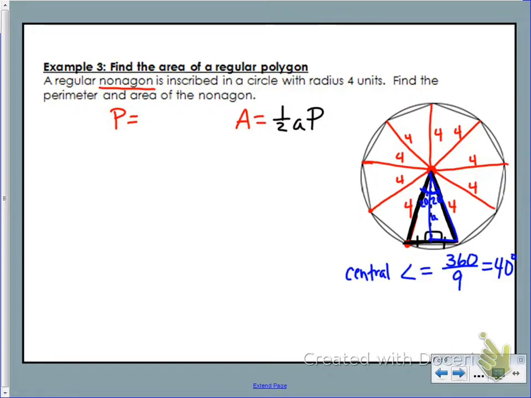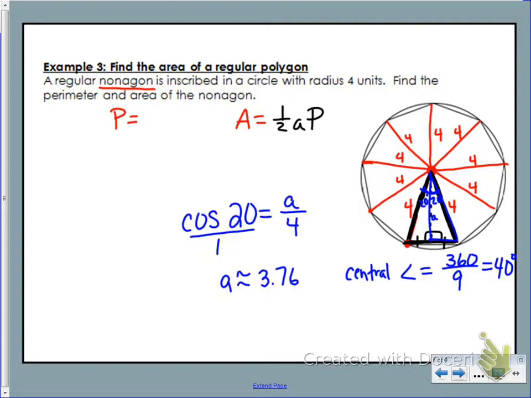I know the hypotenuse, and I'm finding the adjacent side. So adjacent and hypotenuse deals with cosine. So cosine of 20 degrees is equal to the adjacent side length, or A, over the hypotenuse, 4. I'm going to make that a proportion and cross multiply. Go ahead and pause your video and find that. You should have found that the apothem is 3.76 units.